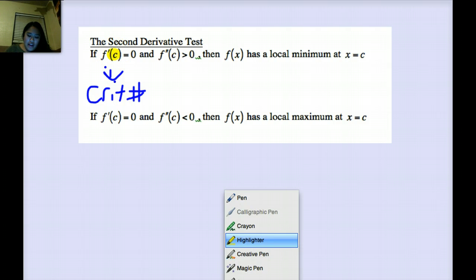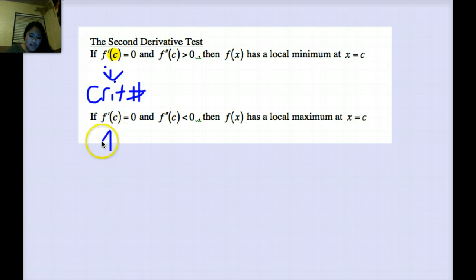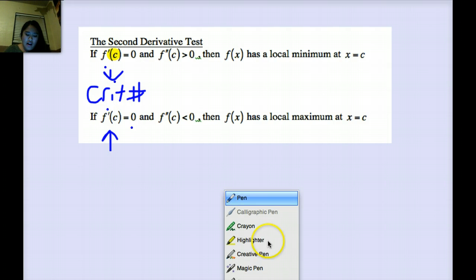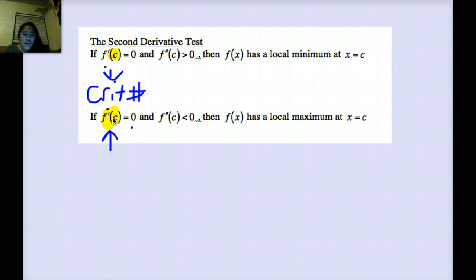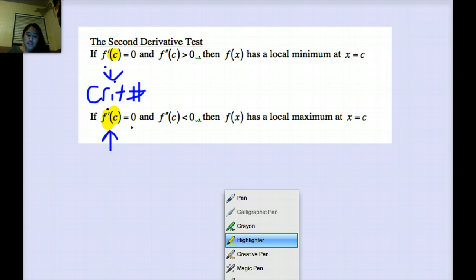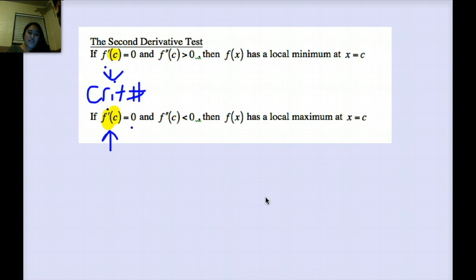I took a derivative, made it equal to 0, found out what that number was, and that c is our critical number.